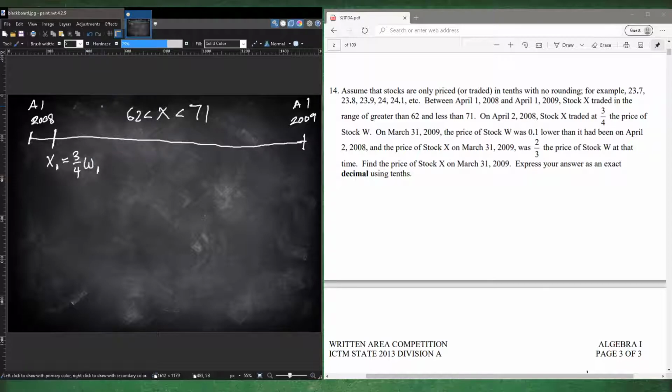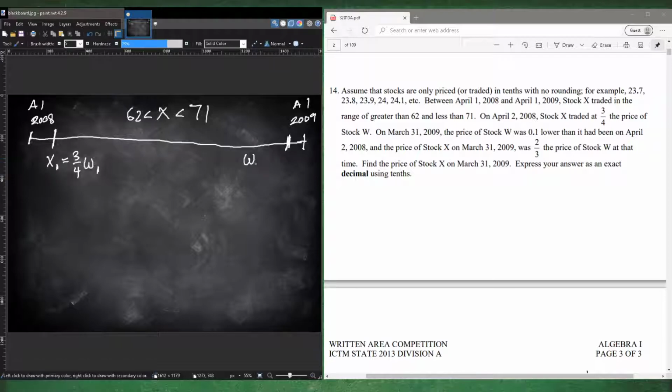Now on March 31st, 2009, the price of stock W was 0.1 lower than it had been on April 2nd, 2008. So March is before April, and it's 2009, so it's right here. We have the price of stock W at that time, which is 0.1 lower than on April 2008.